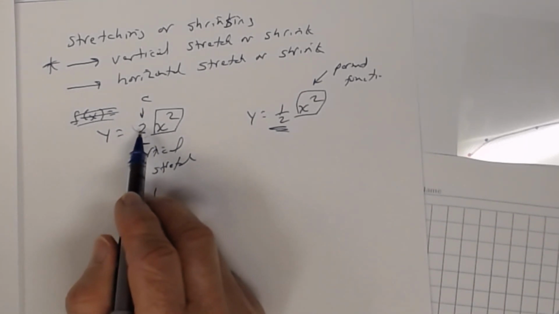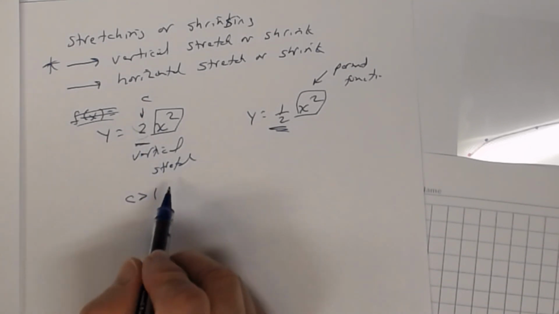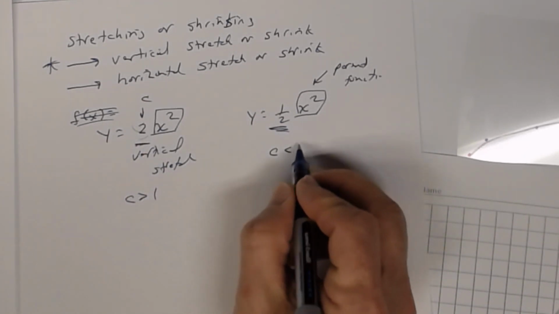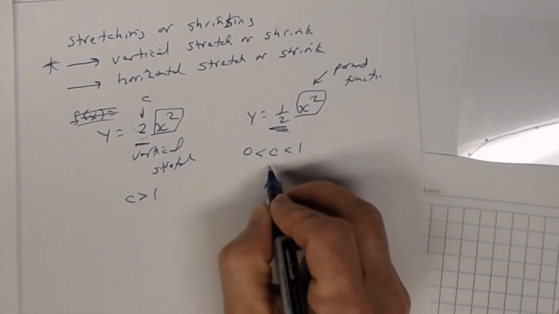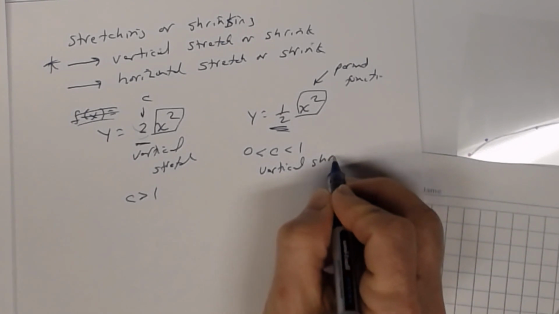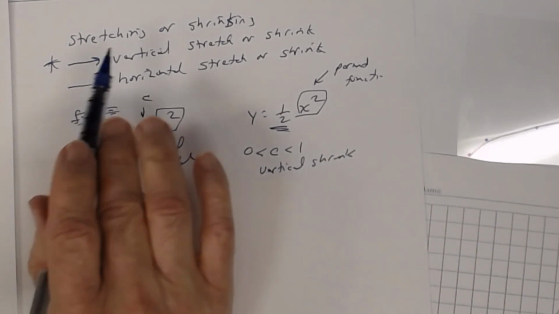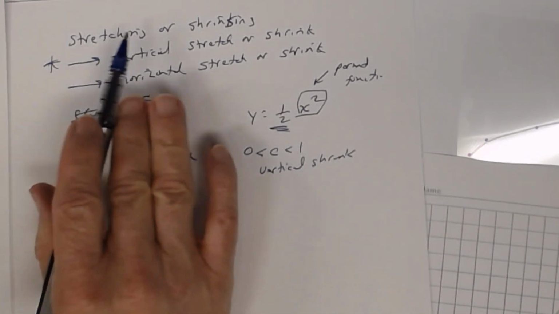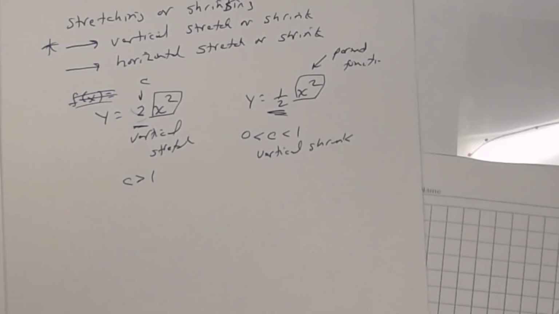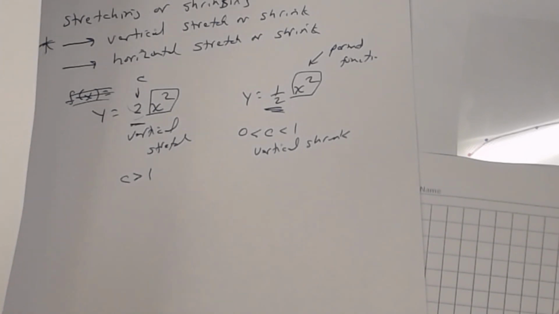So this number is greater than 1, then you have a vertical stretch. If this number is between 1 and 0, then you have a vertical shrink. This is the harder one for students. The vertical stretch or shrink is the harder one for students. So that's a vertical shrink.